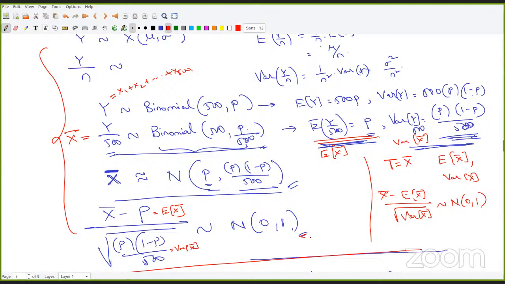Why are we doing this? Because the professor said so? Okay, why are we actually converting everything to standard normal? Yes, for the probabilities we have a standard table. If we convert, then we can compute the probabilities using the standard normal table.